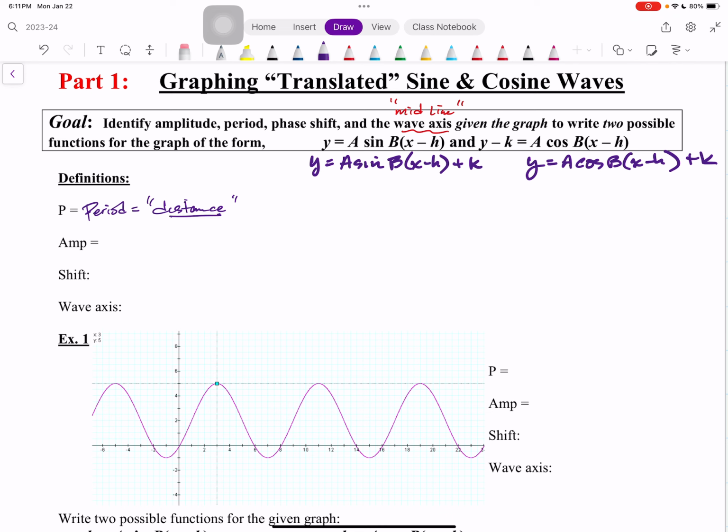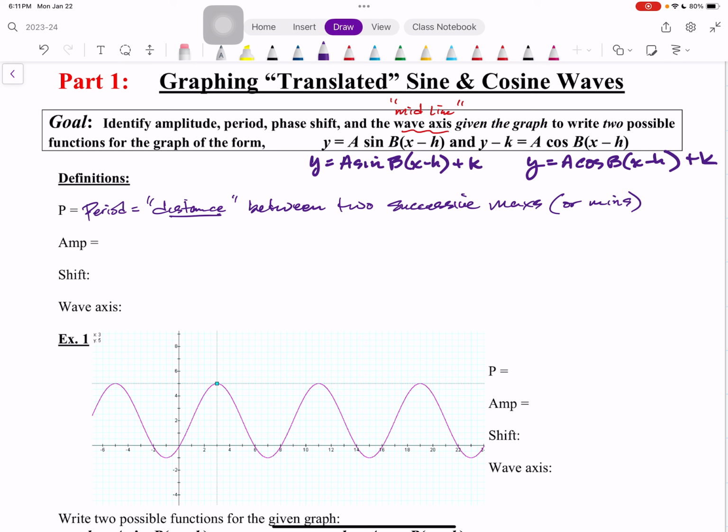It's the distance between two successive maximums or minimums. I'm going to do this with you guys, and it will all make sense in a moment.